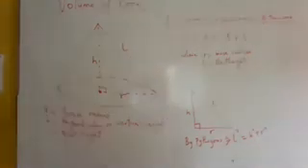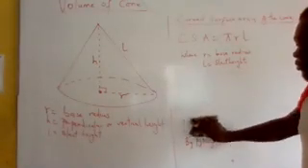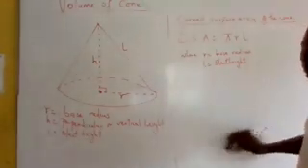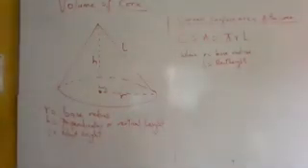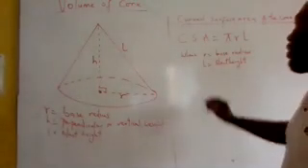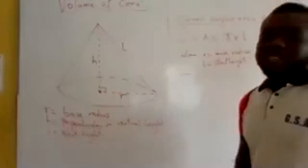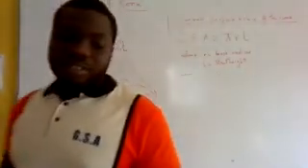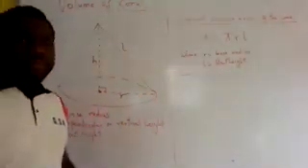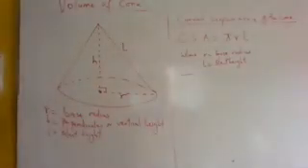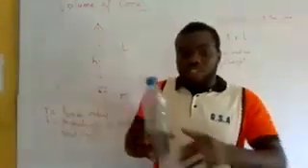So the next thing is our total. Now, please let me explain what curved surface area means. Let me get something to illustrate. Although this is not a cone, let's just assume it's a cone.